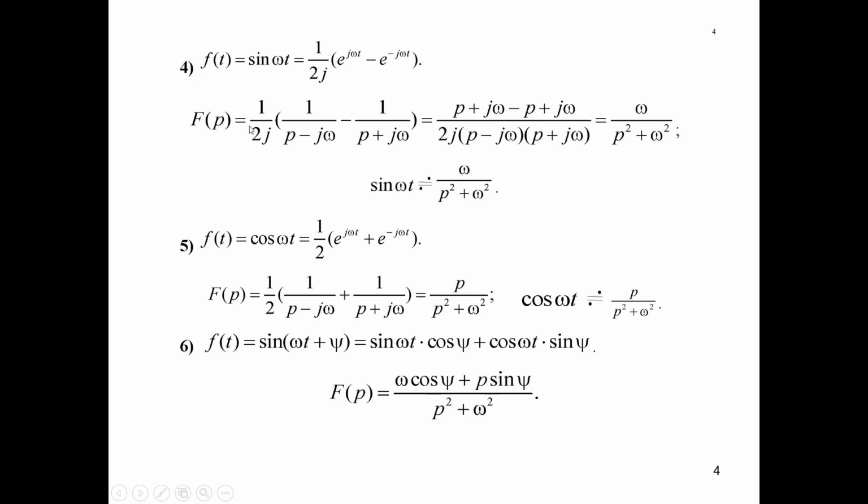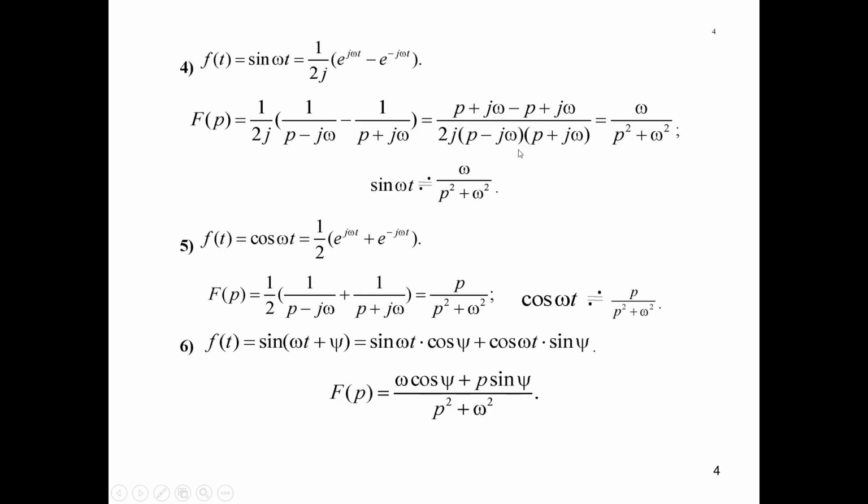It will be 2j, and the product of the two denominators, p minus j omega multiplied by p plus j omega, and in the numerator p plus j omega minus p minus j omega. Minus and minus give plus j omega, p and p are eliminated, and we have 2j omega over 2j, which is just omega.